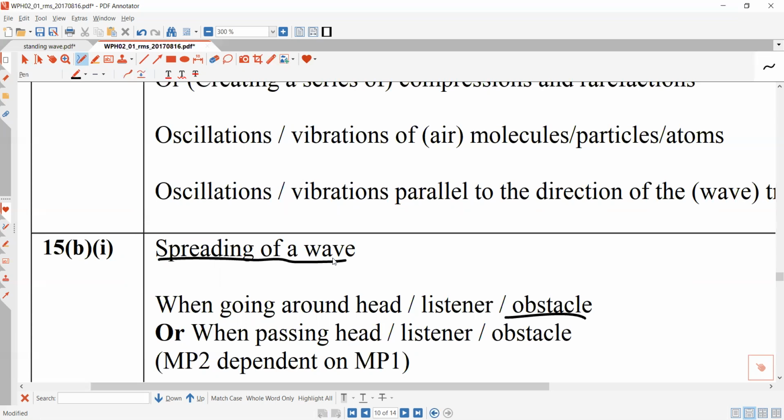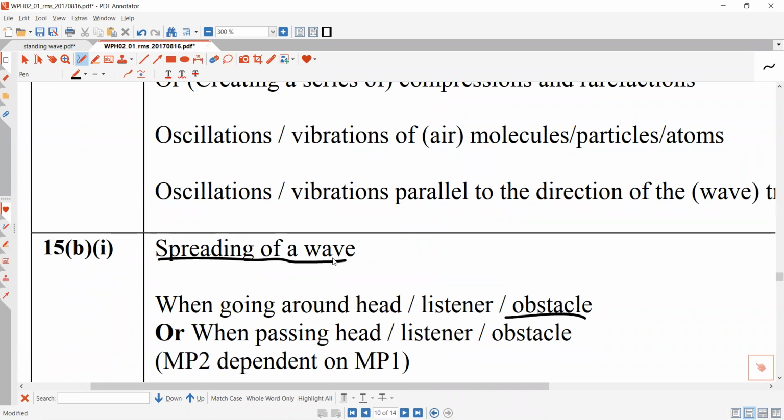Please write this thing down. Diffraction is the spreading of waves when there is an obstacle.